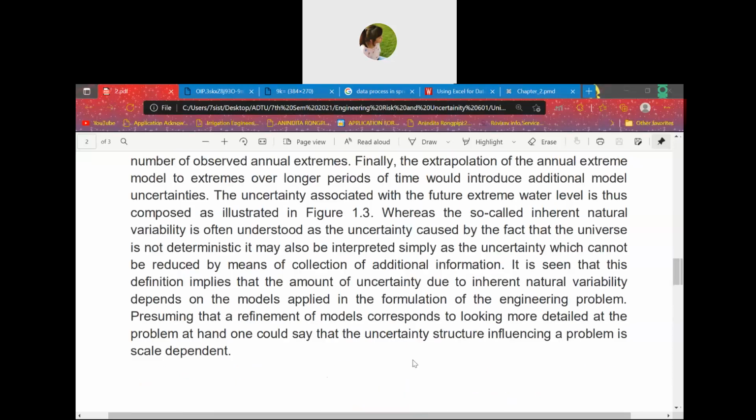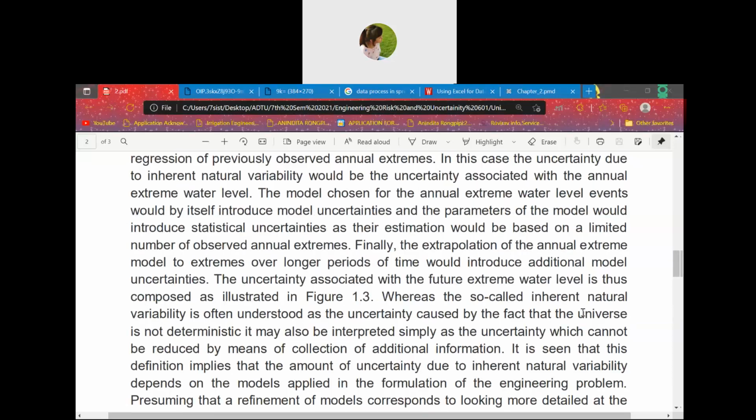Whereas the so-called inherent natural variability is often understood as the uncertainty caused by the fact that the universe is not deterministic, it may also be interpreted simply as the uncertainty which cannot be reduced by means of collection of additional information or data.